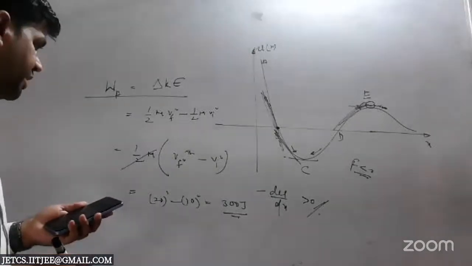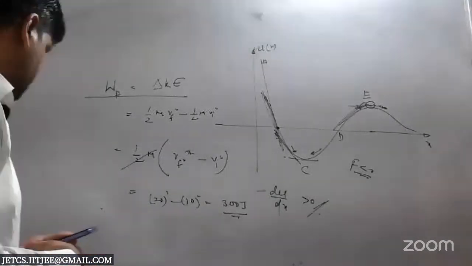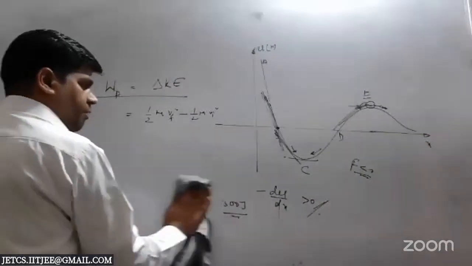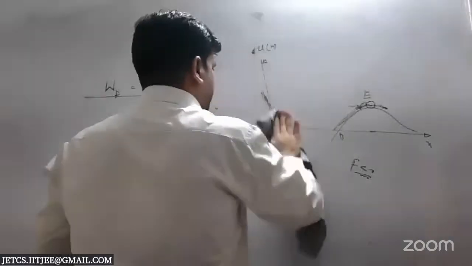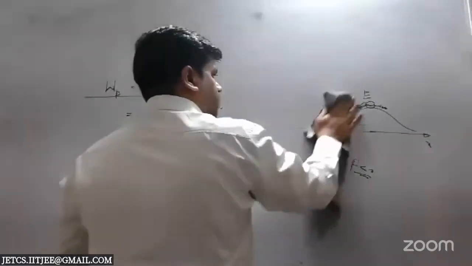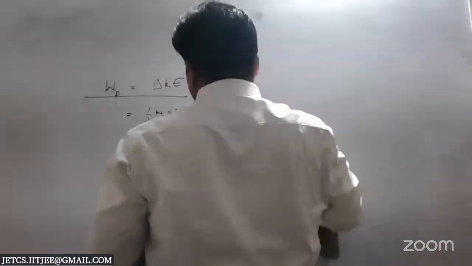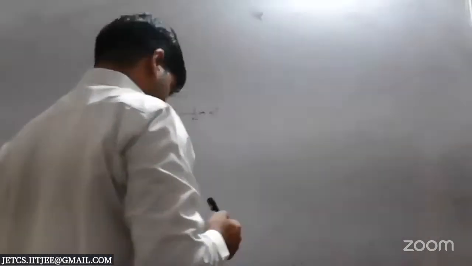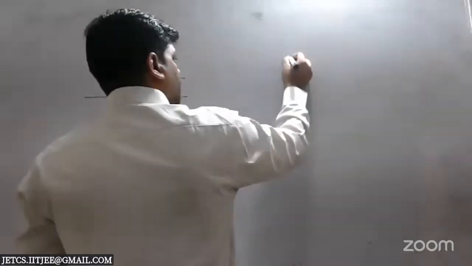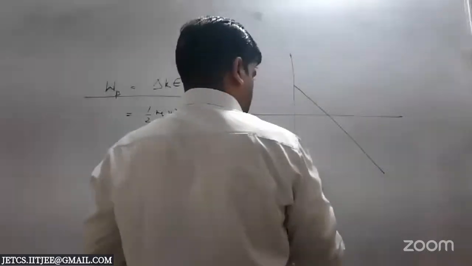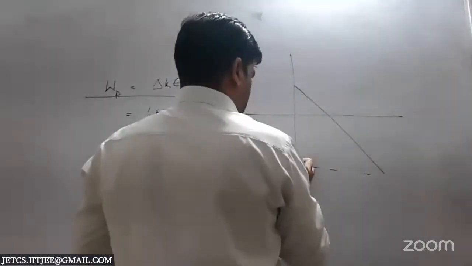All right. How do I get 20 and 10 from the graph? This is minus 20.